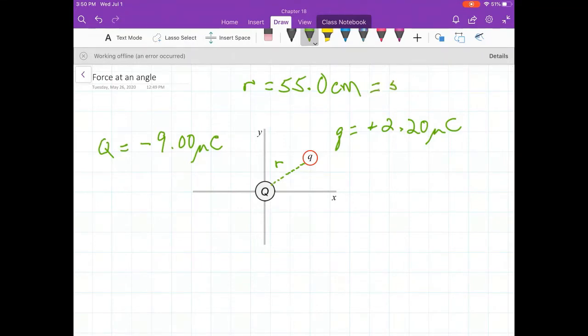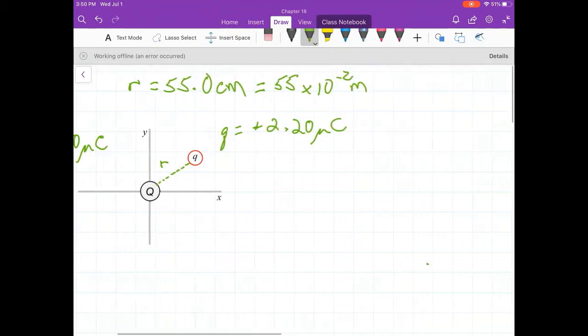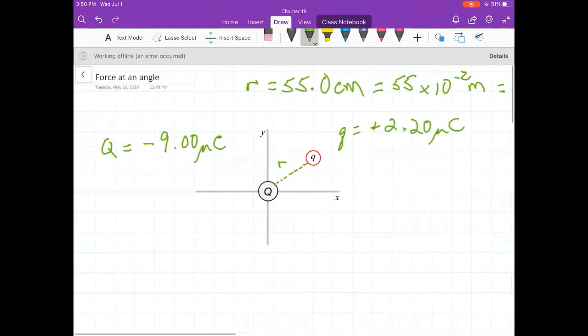So that's 55 times 10 to the minus 2 meter, which is 0.550 meter for the value of R.